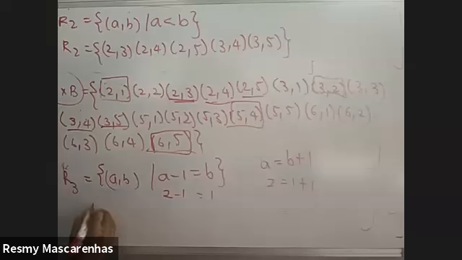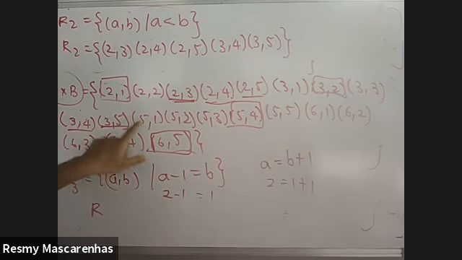So which are the pairs which will satisfy this? If you try any other pair, it will not work. See, 5 minus 1 will not give you 4. So this one will work.